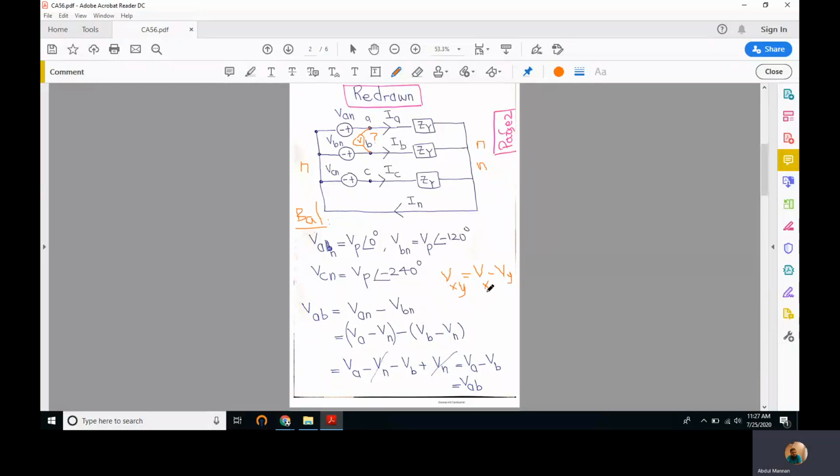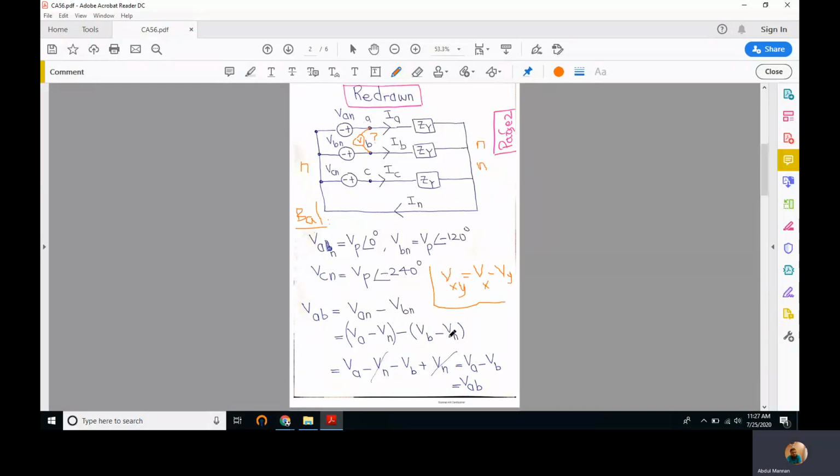We studied this in school. So I claim VAB to be equal to VAN minus VBN. Let me prove my claim. VAN is VA minus VN, because Vxy is Vx minus Vy. We studied in school.